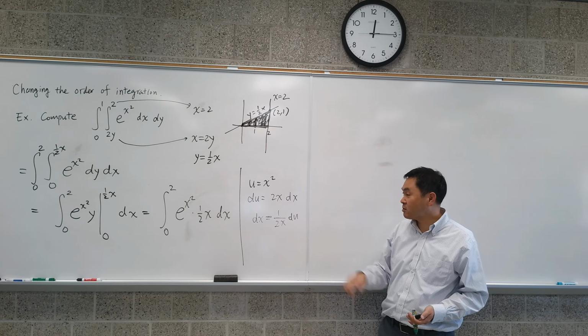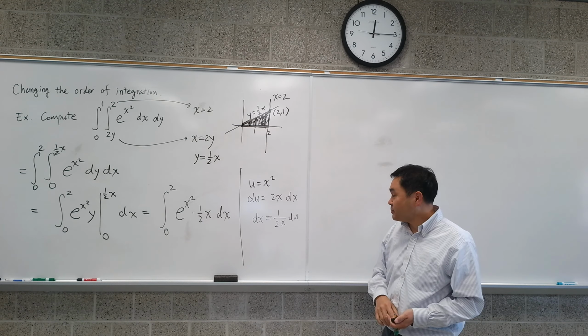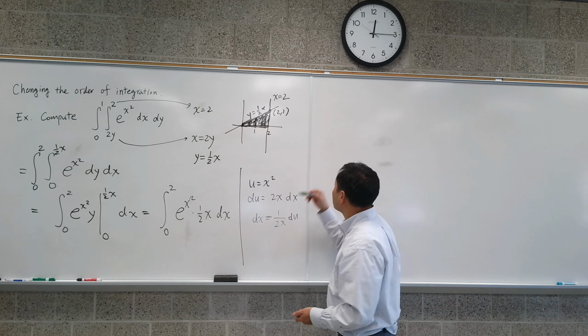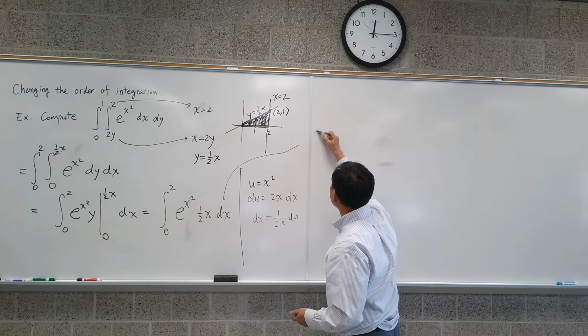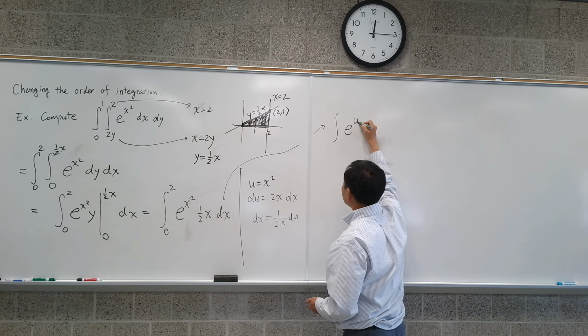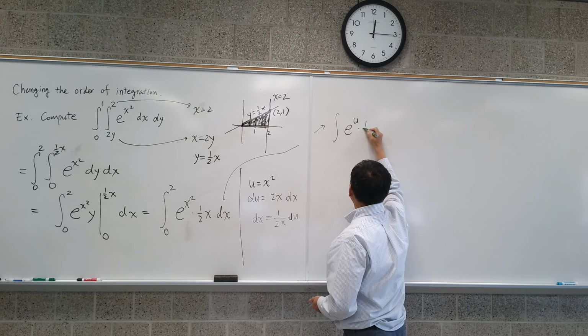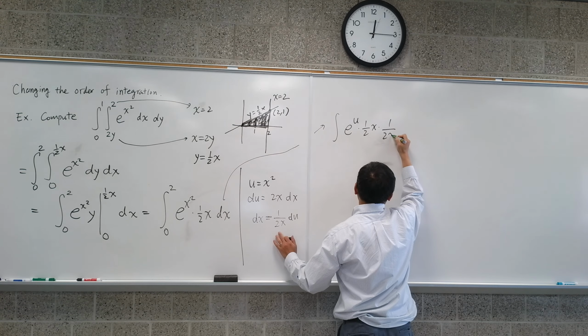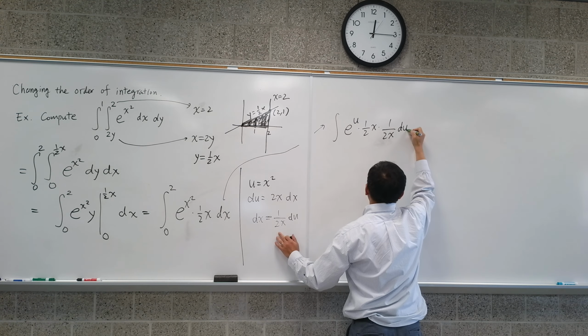And now you have pretty much everything to change this. So this now becomes e to the u times 1/2 x, and dx now becomes 1 over 2x times du.